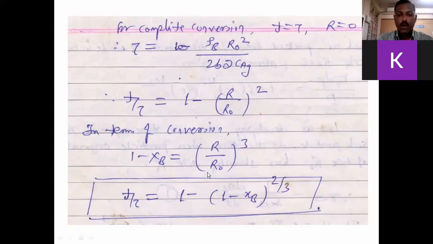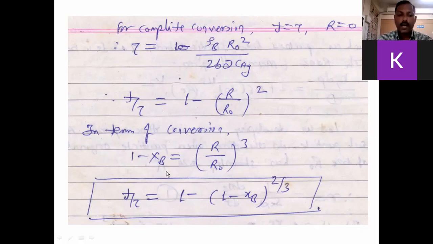So r upon r naught is the shrinking core particle size divided by the original particle size, and 1 minus Xb is the fraction of unreacted core particle.